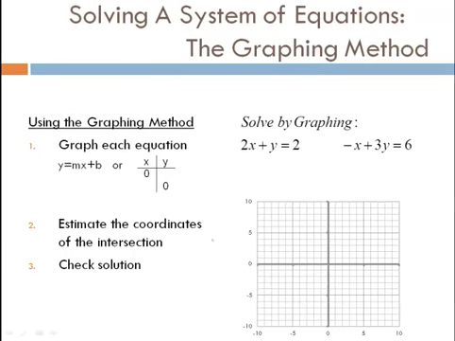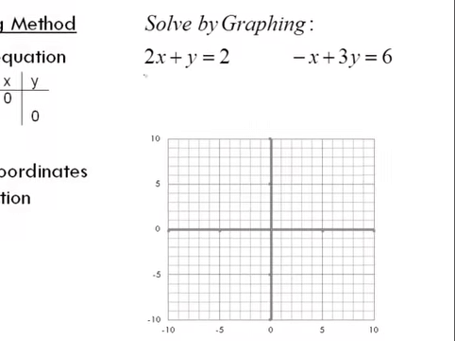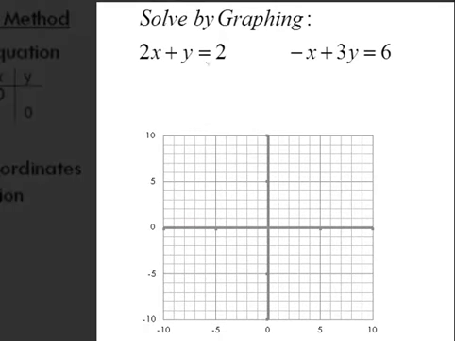So here's an example. 2x plus y equals 2, and negative x plus 3y equals 6. We'll start by making a graph of both of these. This first equation, 2x plus y equals 2, might be easy to rewrite in y equals form by subtracting 2x. That gives us y equals negative 2x plus 2.